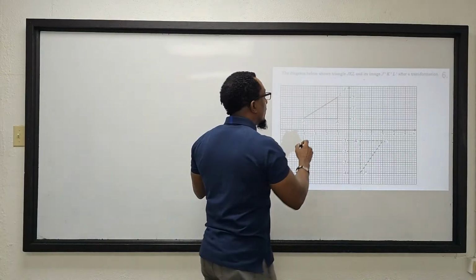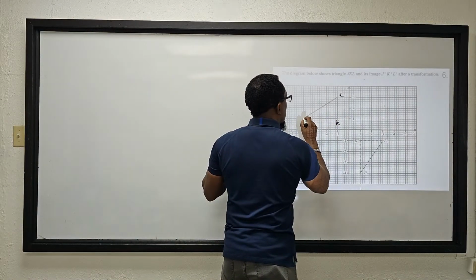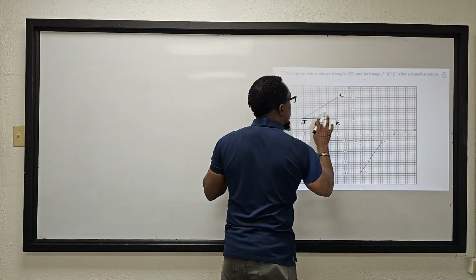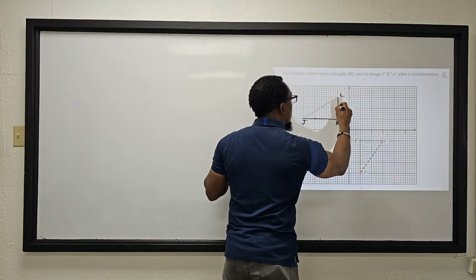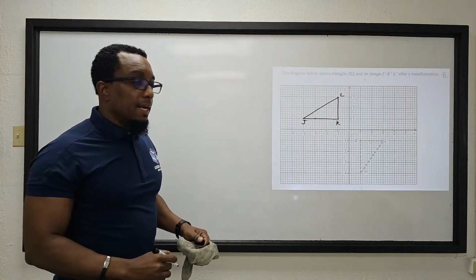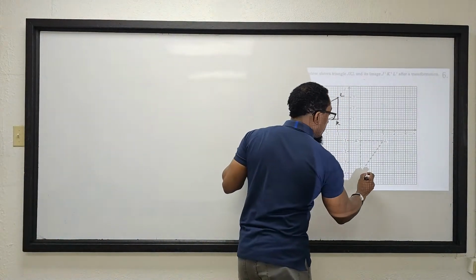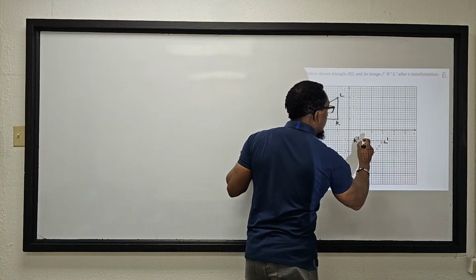So we have this triangle JKL. Let me highlight the triangle. So we have our triangle JKL, and we have our triangle J prime, L prime, K prime.